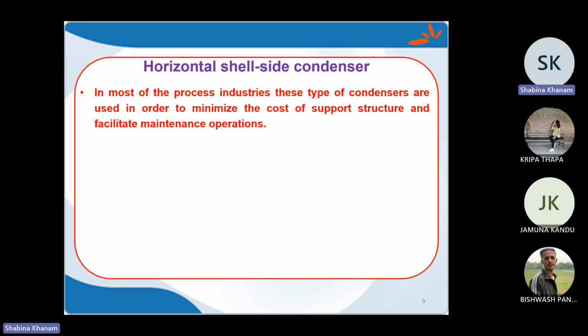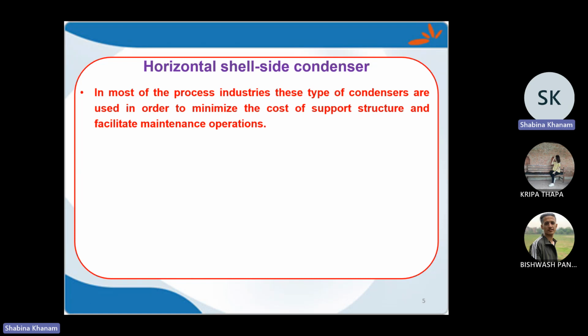Orientation horizontal when I deal with large capacity or large heat duty, because it is easier to provide the support for large heat exchanger in horizontal way instead of vertical way.